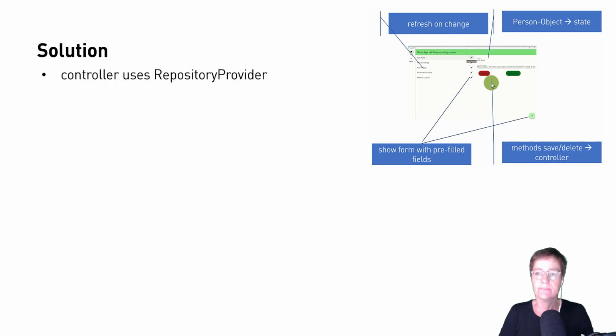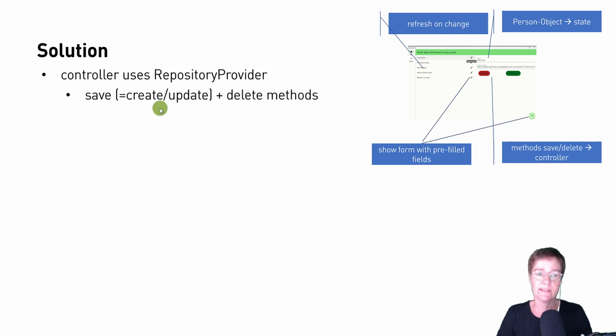So the controller for saving and deleting will make use of the repository provider we defined already in the last video. We will need methods, save and delete, where save encapsulates create a new object or update an existing object. The usual approach of controller is to have state and methods changing the state in the same class.